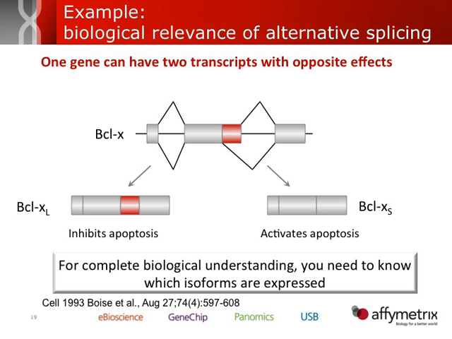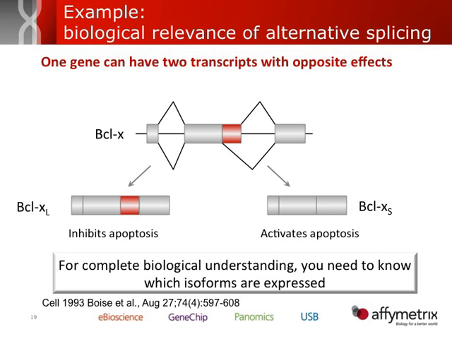So here is just a basic example of why alternative splicing is important. We're looking at the BCLX gene, and BCLX codes for 2 isoforms. There's a long isoform, which is on the left-hand side of the screen, and a short isoform. And the only difference is the cassette exon in the middle. In the long isoform, that exon is retained, and in the short isoform, that exon is spliced out. And in the long isoform, we're seeing that the cells that express that particular isoform are thriving perfectly well.